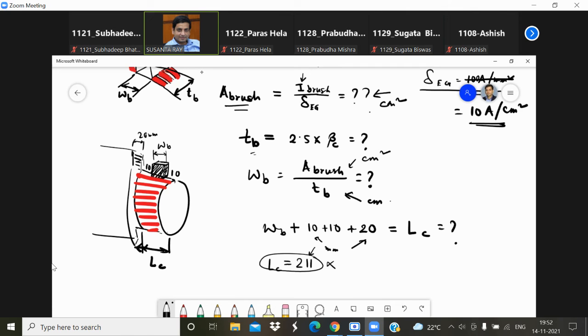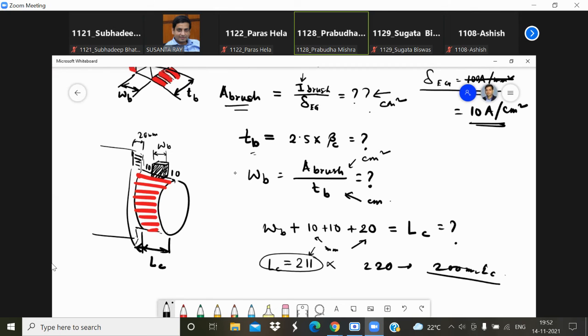Okay. So for 220 kilowatt or 200 kilowatt, they can have around 200 mm LC. Otherwise, you have to check the calculation if you are getting quite a large LC.